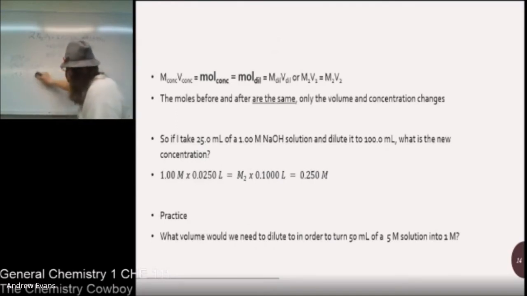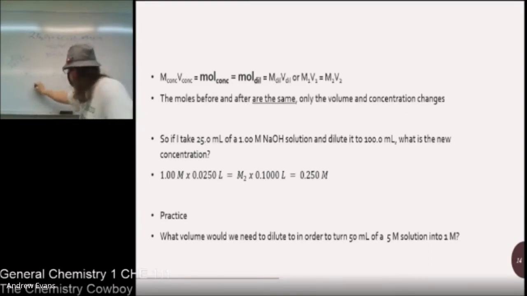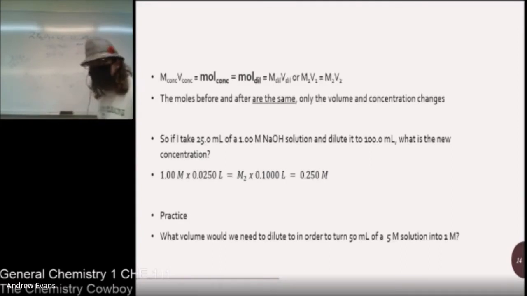Molarity is moles per volume. So if you're calculating moles, how do you get moles by itself? You're going to cross multiply both sides by volume. Volume cancels out, and what we have is moles equals molarity times volume.